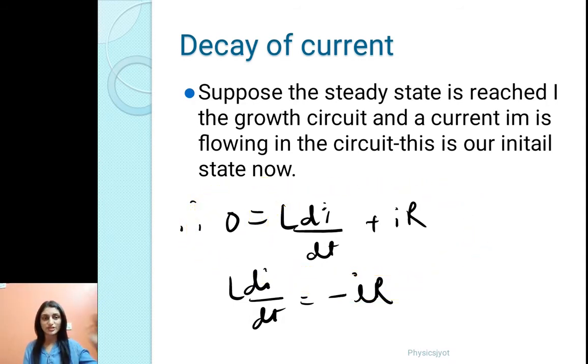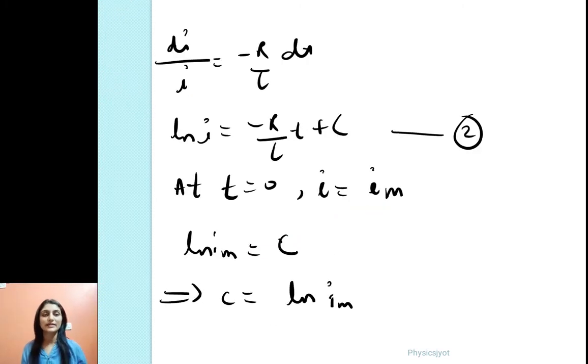Steady state has been reached, I equals Im, and after that we switched off, so E will be 0, because we have the equation E equals L di by dt plus IR. Now E is 0 because we have switched off, so we get 0 equals L di by dt plus IR. So I will shift this term over here, so I will get L di by dt equals minus IR. Then shifting current terms on one side and time terms on the other side, I will get di by I equals minus R upon L into dt.